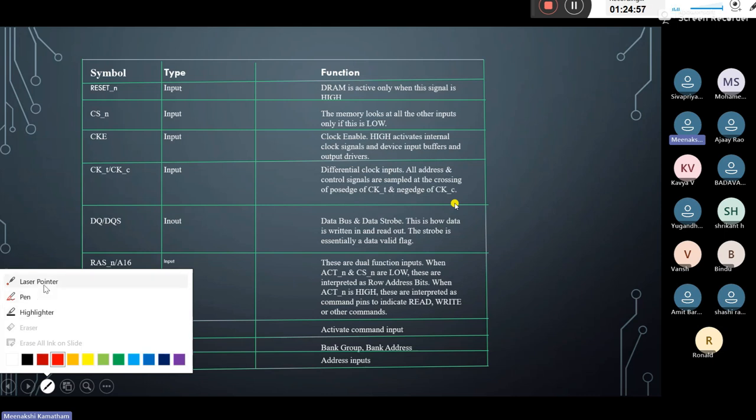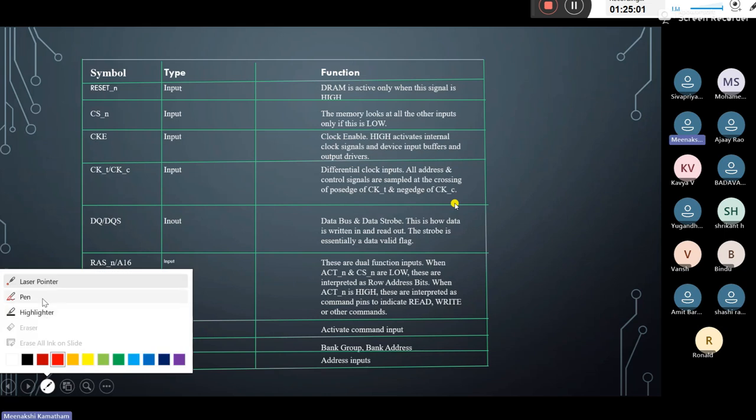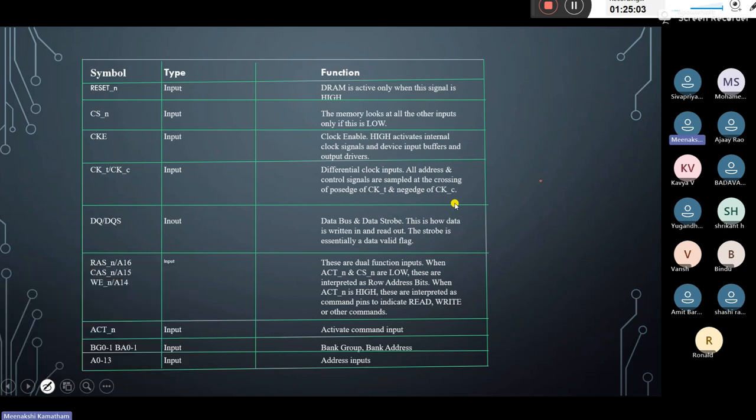Generally we have one clock like this, no? This is the CKC clock and this is the CKT clock. So they are nothing but differential signals. You get my point.